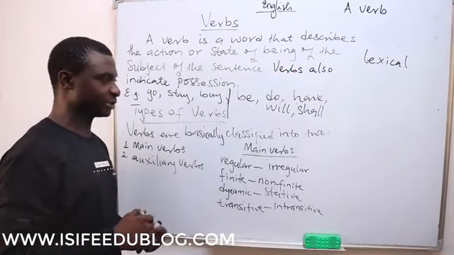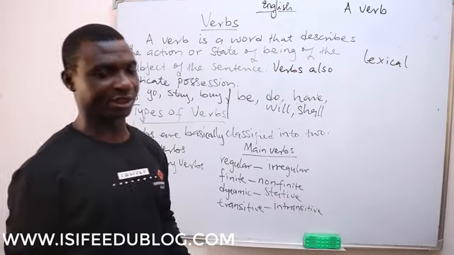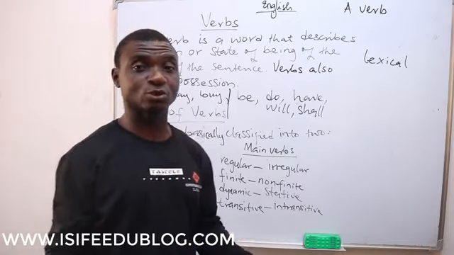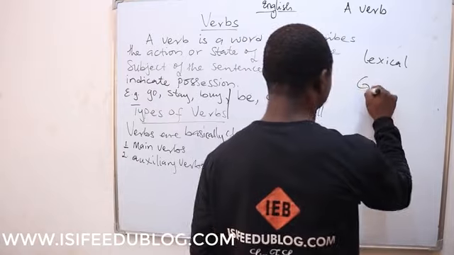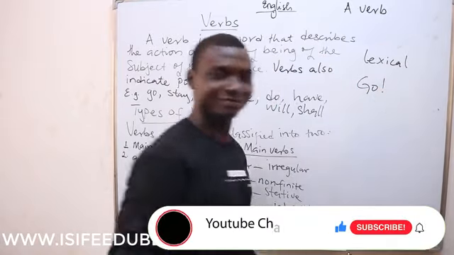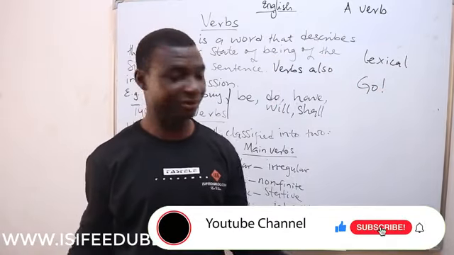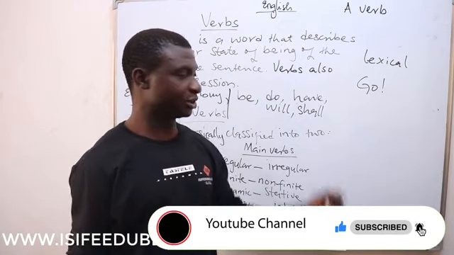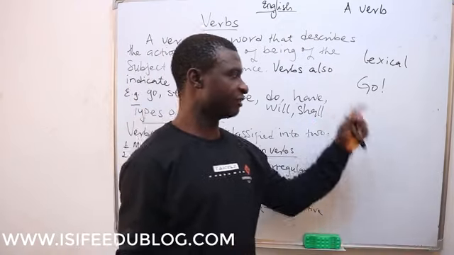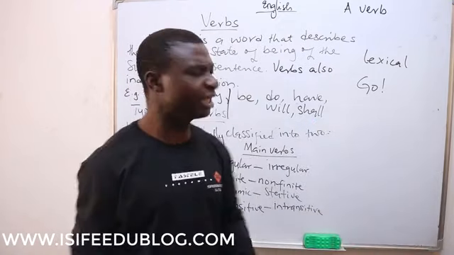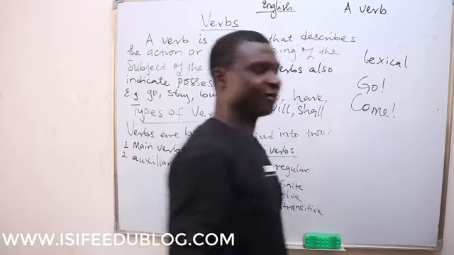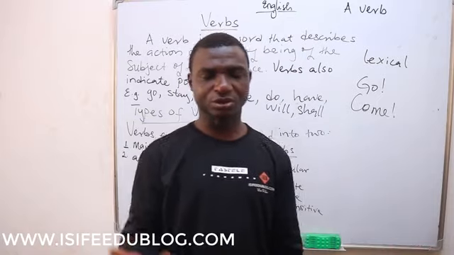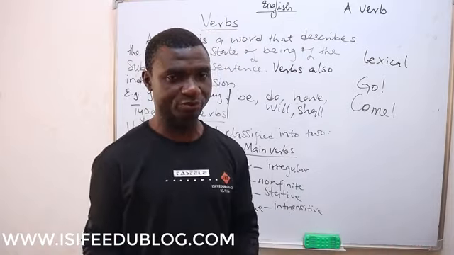These are the verbs that can stand on their own in a sentence. In fact, a lexical verb could as well be a sentence. If I say go, I've made a sentence just by using the verb go. If I say come, again, I've made a request, and so I have made a sentence as well.